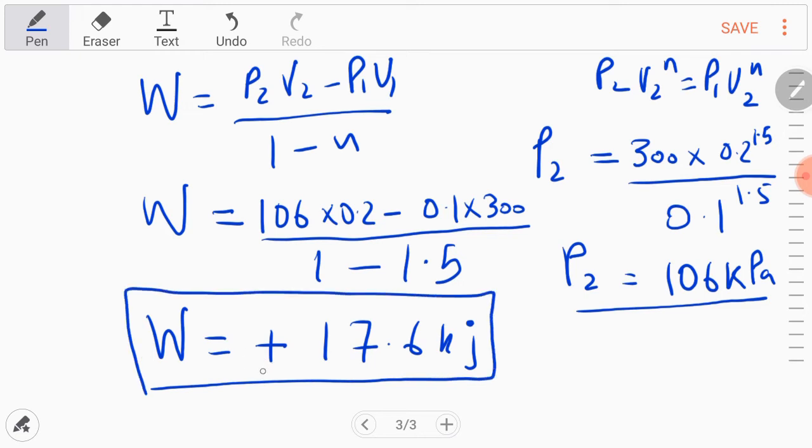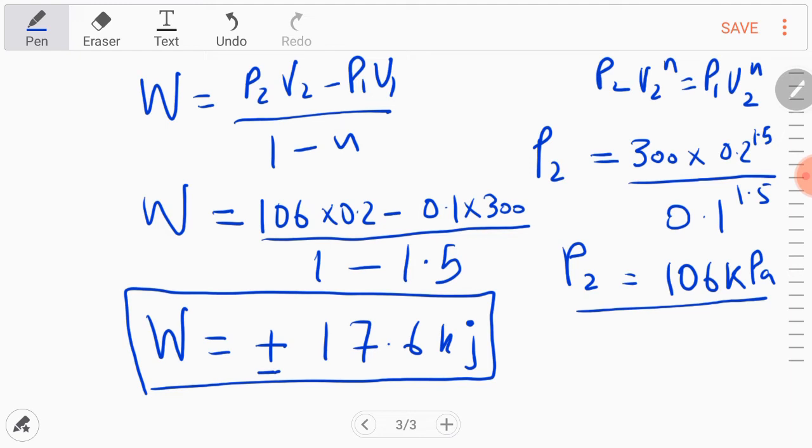And why is it positive? We already discussed the sign convention in lectures 5 and 6. When heat is added to the system, we take it as positive because it is increasing the internal energy. When heat is released from the system, it is negative. For work done, it is opposite, because in the equation we have a minus sign.